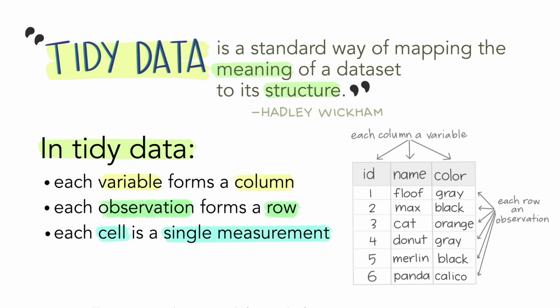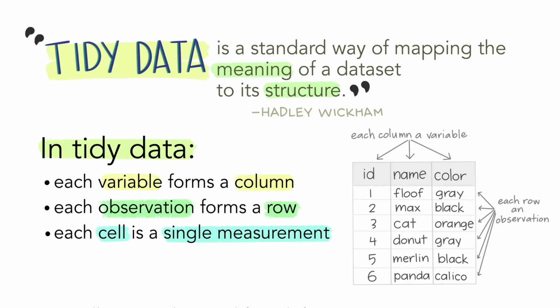So what exactly is tidy data? There are 3 principles, and as explained in the book, they are closely interlinked, and one of them can't really be true while another one is false. So the first principle is each variable forms a column, then each observation forms a row, and each cell is a single measurement.